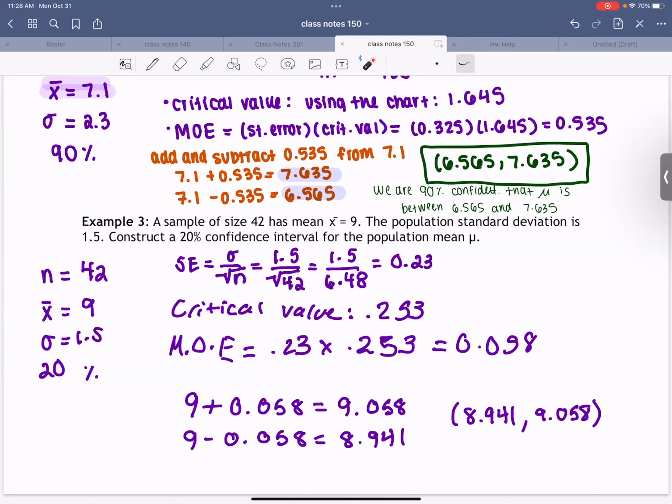I saw it on some of your papers. Yeah, Caroline. They're 20% confident that the population is between 8.941 and 9.05. Perfect. Let me actually write that out so we have it.